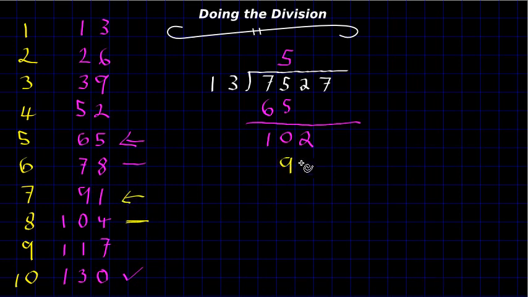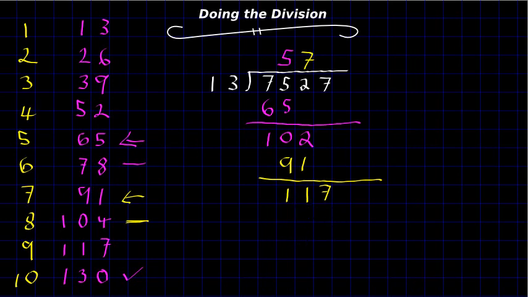So let's subtract 91 from this. You can bring down the 7. 1 from 2 is 1. We get 117. Oh, and don't forget the answer, the quotient here. So 7 times 13 is 91. Do the subtraction, we get that.